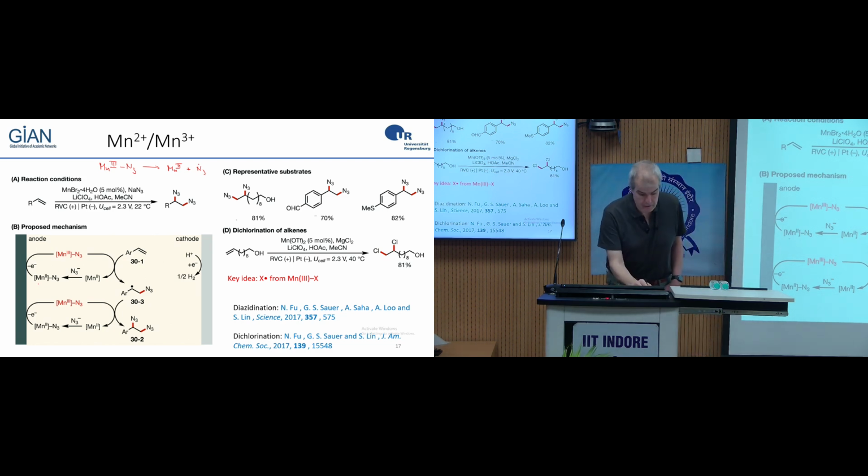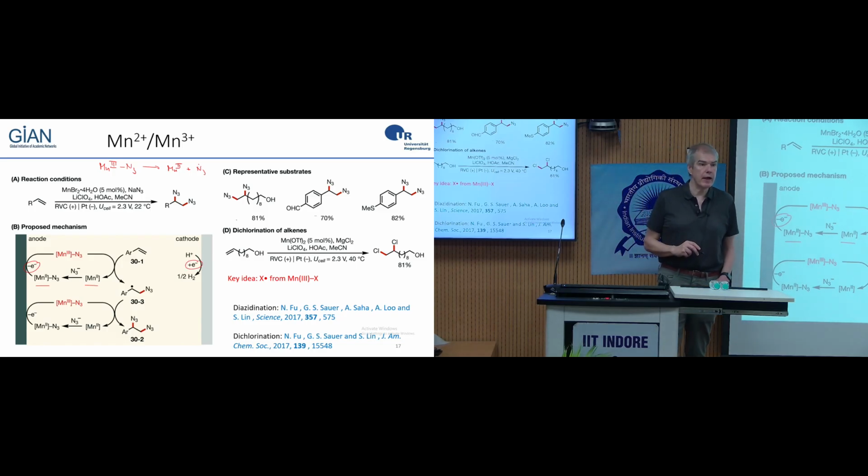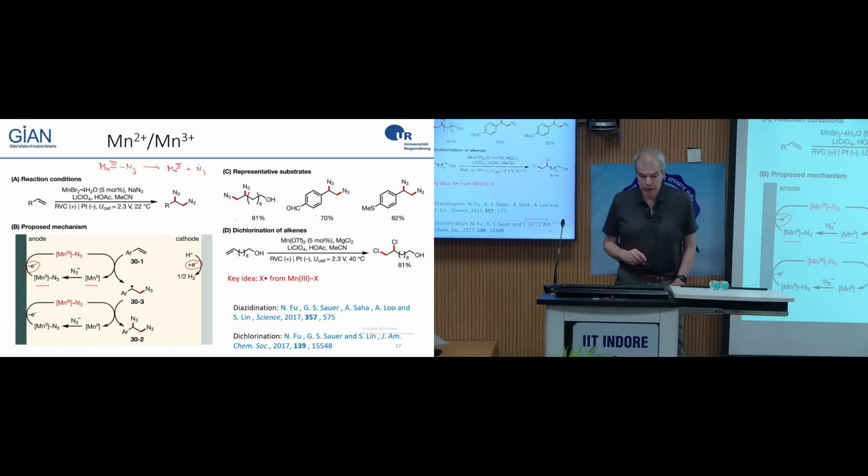Here they just need the anode, and they reoxidize the manganese 2 by the electrode back to the manganese 3, and this electron which they take away from the manganese 2 is being used on the cathode to complete the reaction by simply reducing a proton.